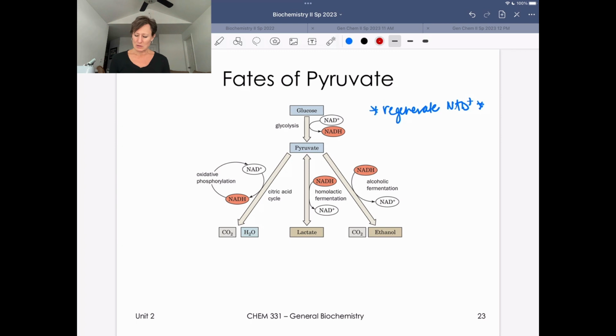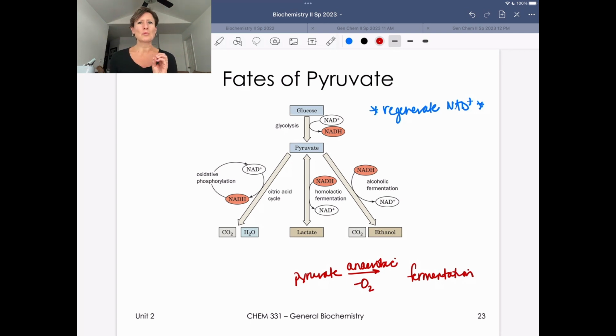So before we look at this picture here, I want to put something down on paper that we talked about last semester as a way to think about the fates of pyruvate. So again, if we've got pyruvate here, and we are under anaerobic conditions, so there is not oxygen readily available, we are going to be undergoing fermentation processes.